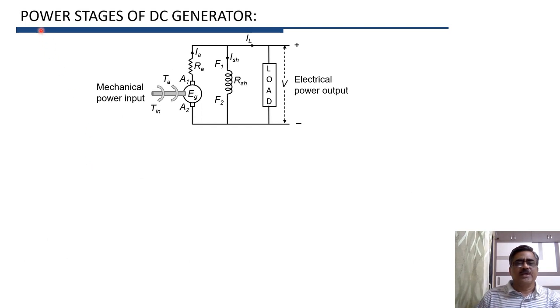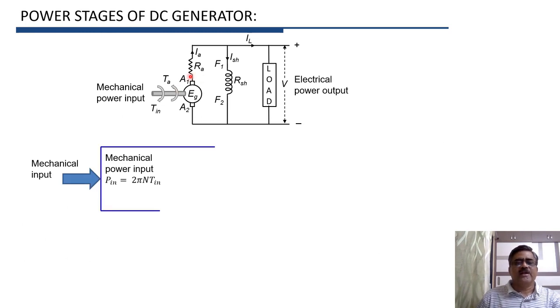Let us now study power stages of DC generator. We have seen how mechanical power is converted into electrical power in case of DC generator. Here mechanical power input by prime mover is P in, and if input torque is T in, then input power P in is equal to 2 pi n T in.